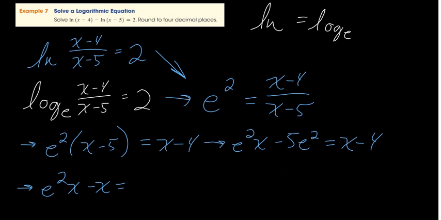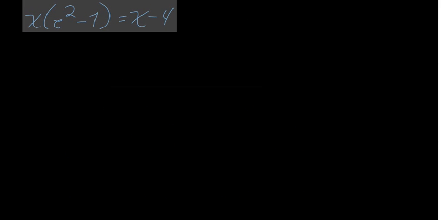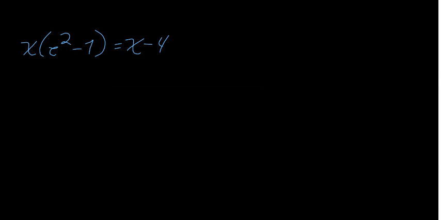Oh yeah, I was factoring it out, and then I've got x minus 4 over here. Sorry about that. So we're going to factor the x out. E squared minus 1 is equal to x minus 4. Now we're going to divide both sides by e squared minus 1. So we're going to have x is equal to x minus 4 divided by e squared minus 1.